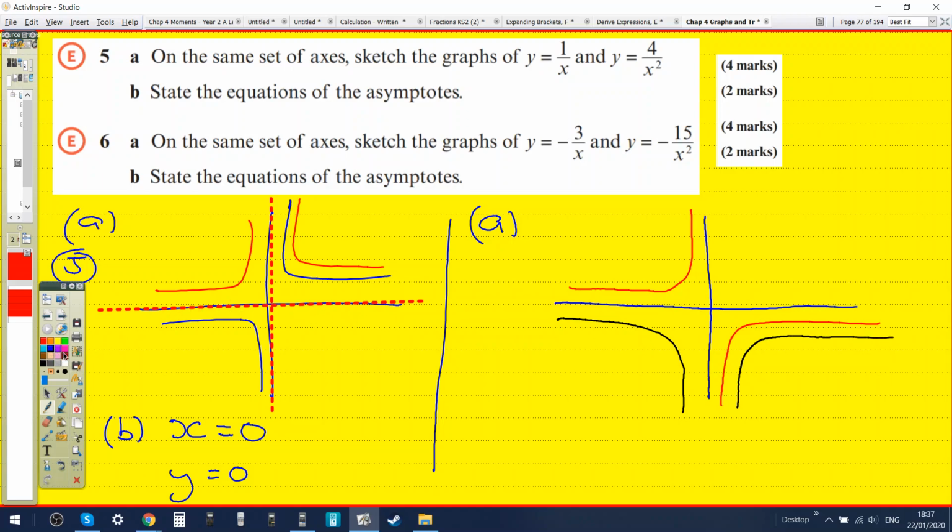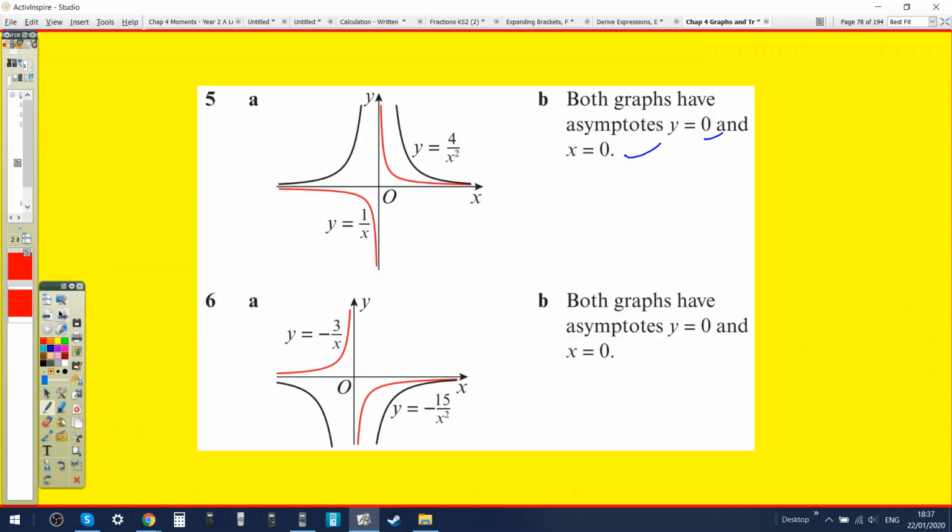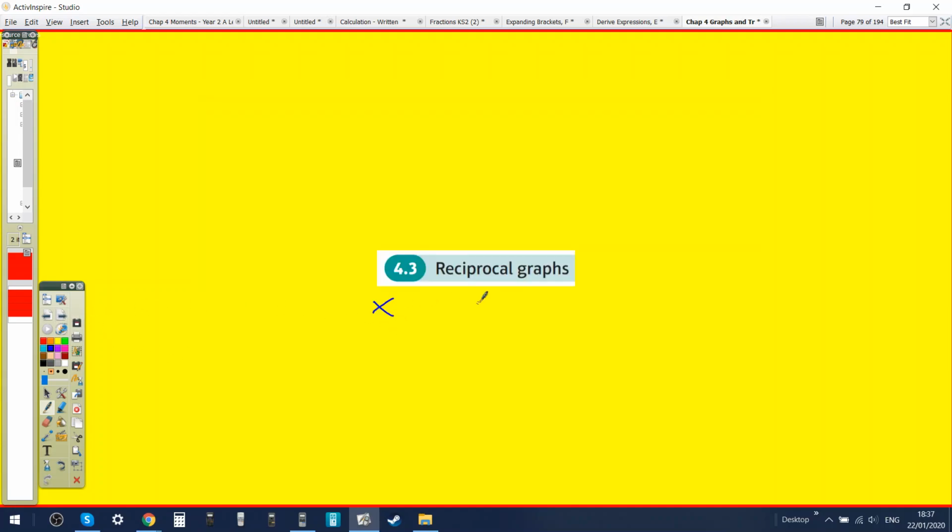Yeah. And B? Is it the same again? It is, and it won't always be. Like with transformations, they might move it up by 3 or left by 5, and that would change things a little bit. Red is the minus 3 over x. Yeah, that's fine. Reciprocal graphs.